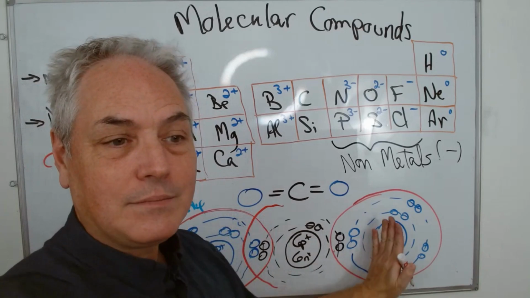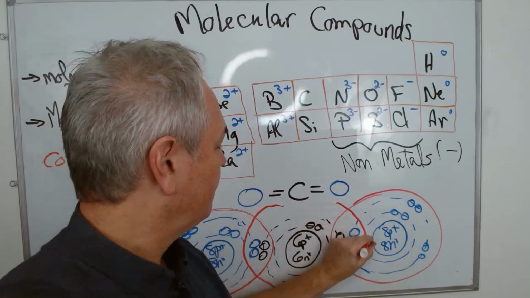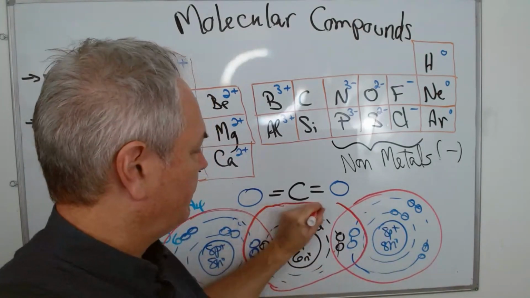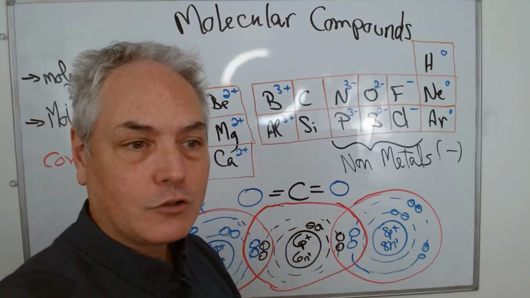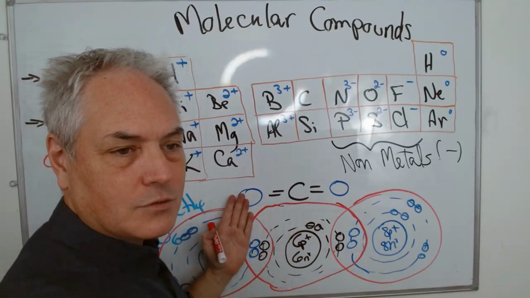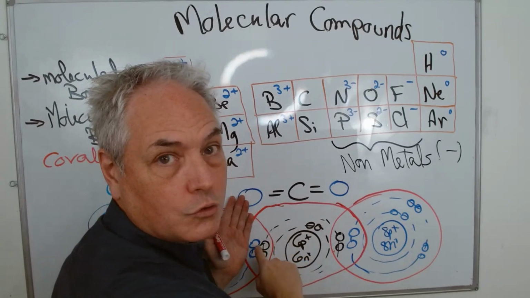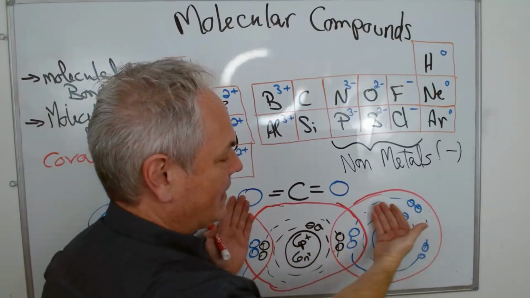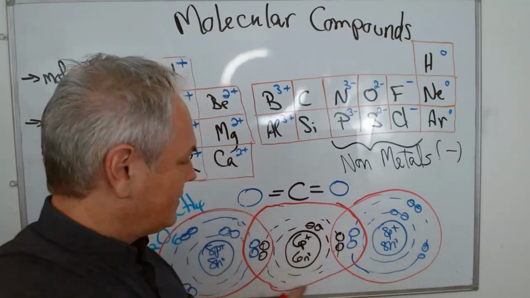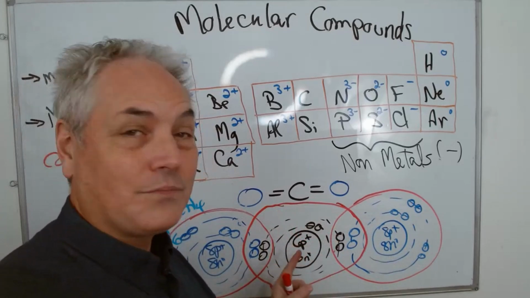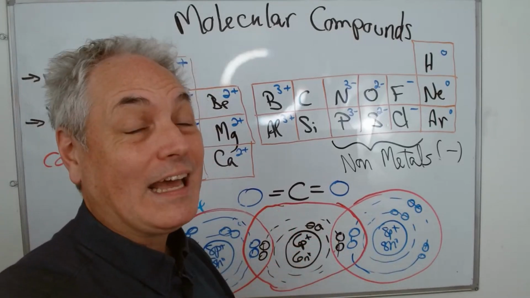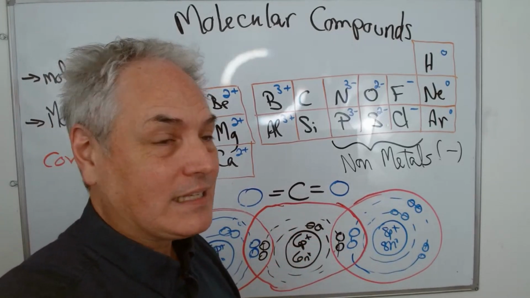And the same thing on the other side. And if you look at what we've got right here, you hide this one and you hide this one. You now have 1, 2, 3, 4, 5, 6, 7, 8 electrons around this carbon atom. So one way or the other, that carbon now has 8 valence electrons.